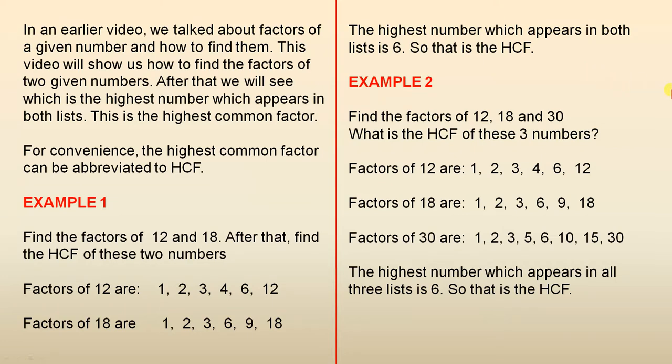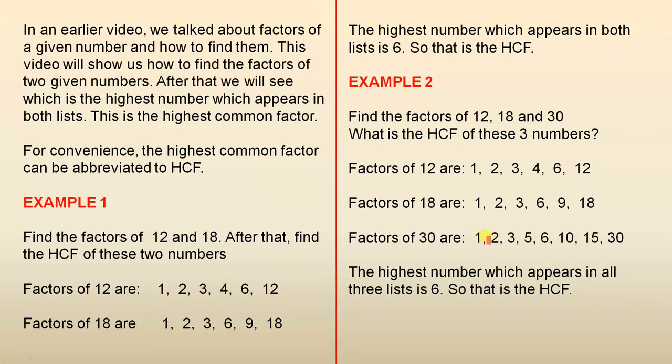Example 2, find the factors of 12, 18 and 30. What is the HCF of these three numbers? So these are the factors of 12, these are the factors of 18, and these are the factors of 30.